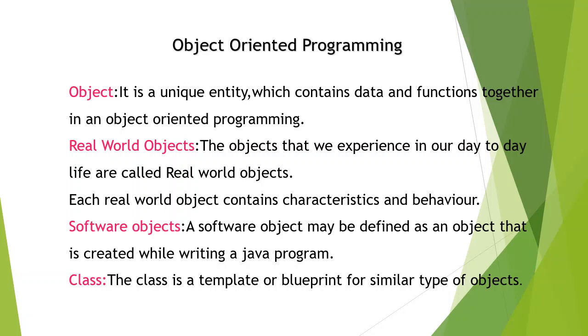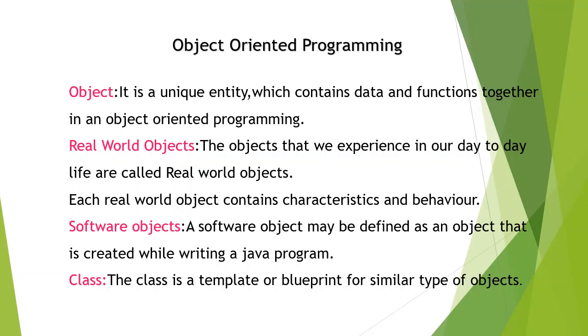Next, what is a class? A class is a template or blueprint for similar type of objects. I'll give you an example for this. For example, if you want to build a house, directly you can't build the house. First of all, a plan or design is needed in order to build a house. So this plan or design is called as a class.